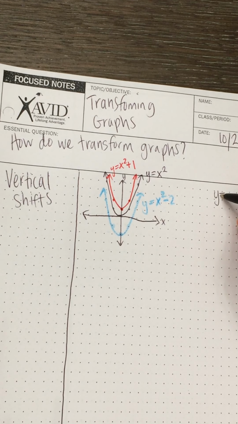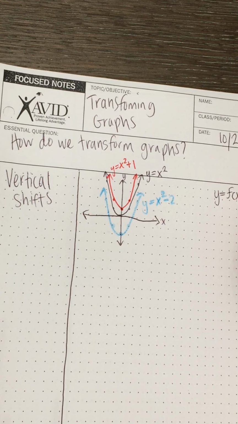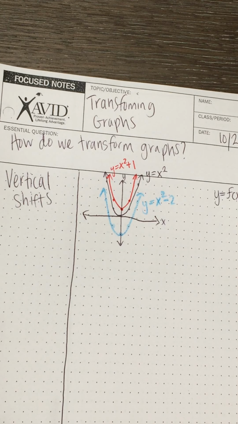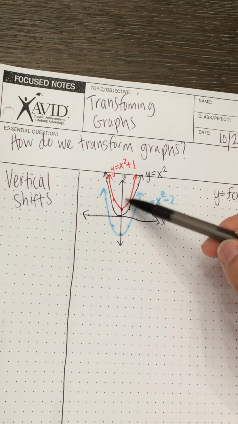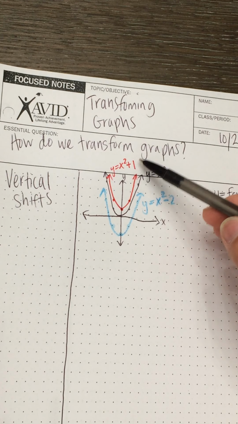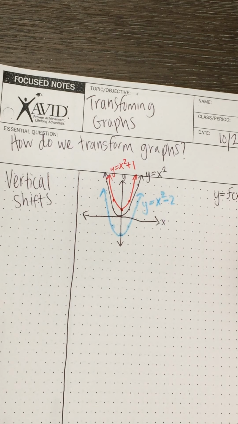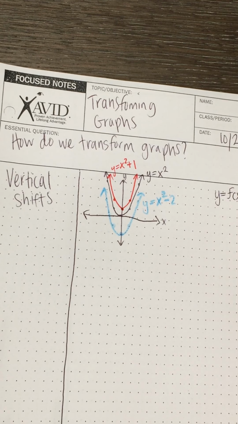So our function, this is a general function, y equals f of x, right? That's just any function. What made it move up? If I add anything to the function, so if I add a k to it, it'll cause it to move up. So this caused the function to shift up.